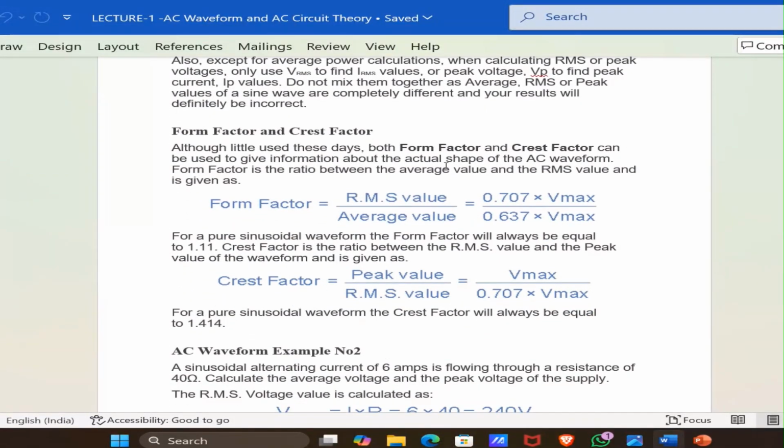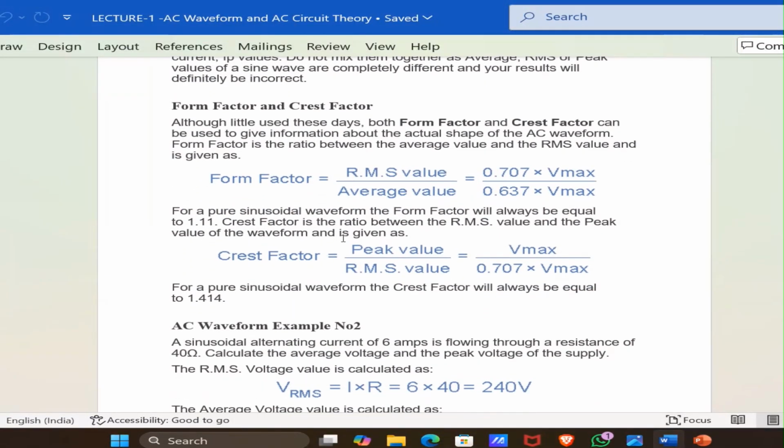Now there is something called form factor, which is the ratio of RMS value divided by your average value. Ratio of RMS and average values. So you take these two values and compare, and you get a factor that is a fraction without any unit.